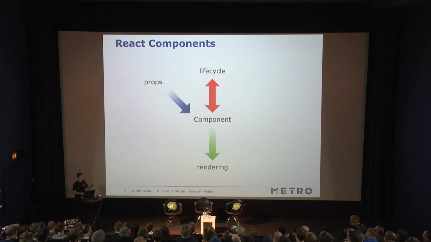I won't go into much detail on the lifecycle, that is not what the talk is about, but in general speaking, we have this lifecycle so you can hook into methods that, I don't know, come up if the component did mount, if something happens with the component, and so on. And that makes it easier to work with.